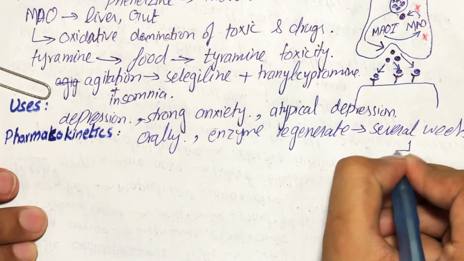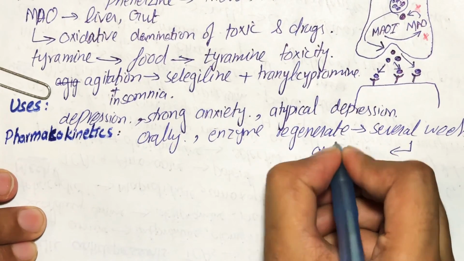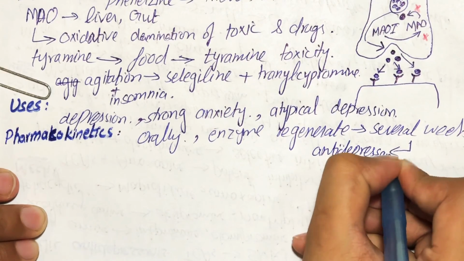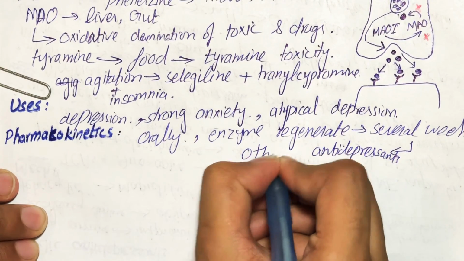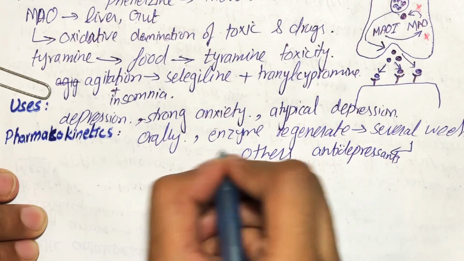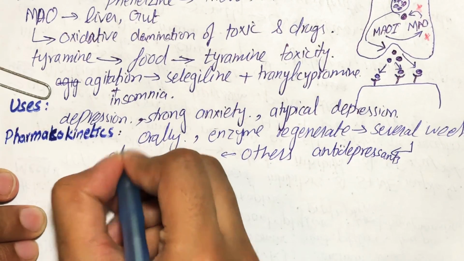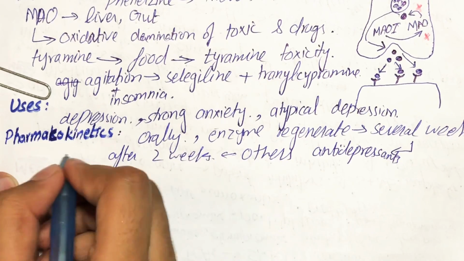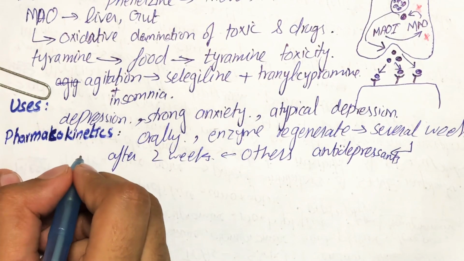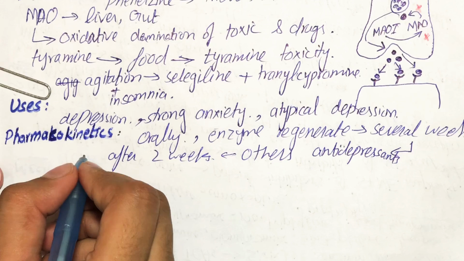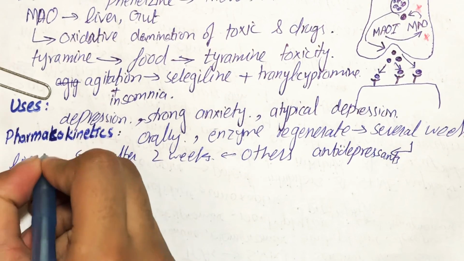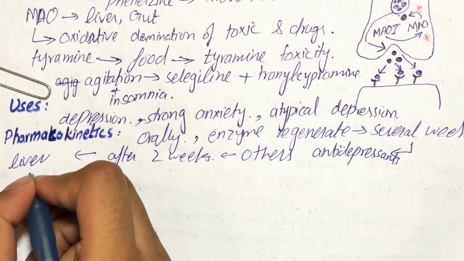So there should be a delay of at least 2 weeks after the termination of monoamine oxidase inhibitor therapy. After 2 weeks there will be regeneration of the enzyme, and then he can prescribe any other antidepressant he wants to give to the patient. These agents are metabolized hepatically, that is through the liver, and after that they are excreted through urine.